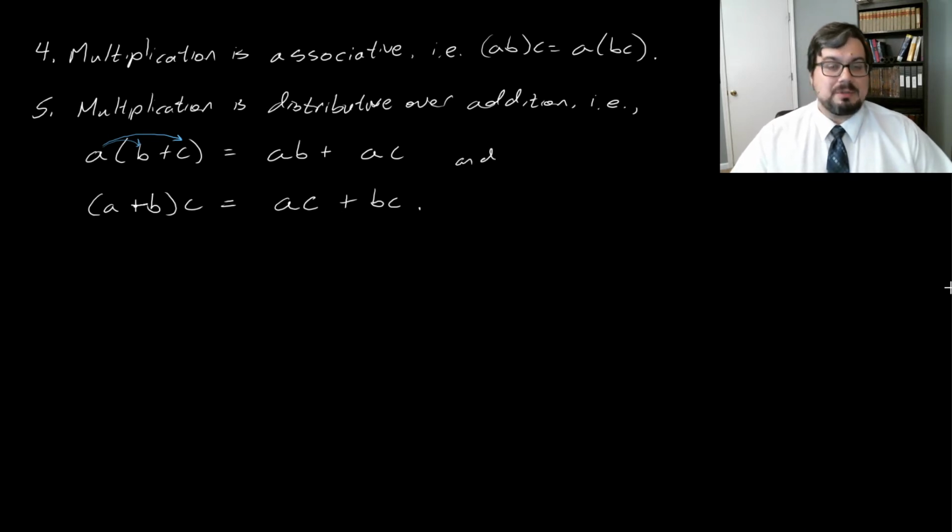We know that multiplication is associative. It doesn't matter how you group it up. In fact, we know more. We know that multiplication of integers is commutative, but that's not part of the definition of a ring. And we do know that distribution works when you multiply integers together.